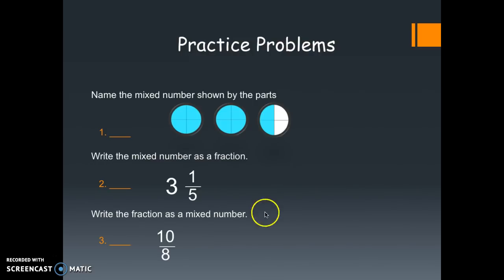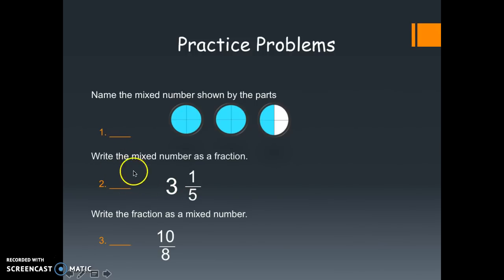So here are some practice problems. In number 1, you're going to look at the picture and give me the mixed number. So how many whole pieces and what fraction do you see here? For number 2, you're going to write this mixed number as a fraction.